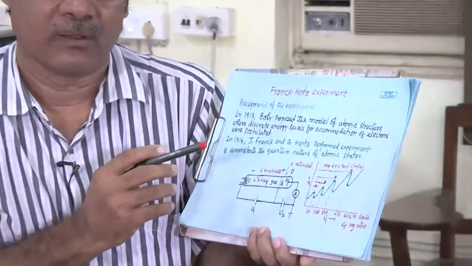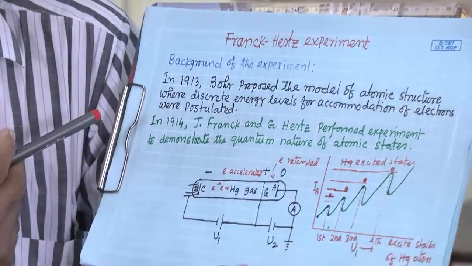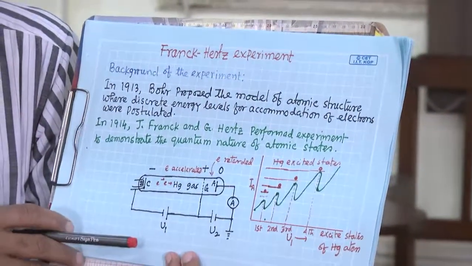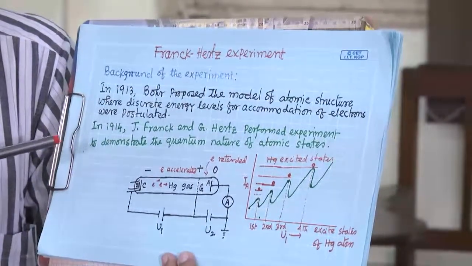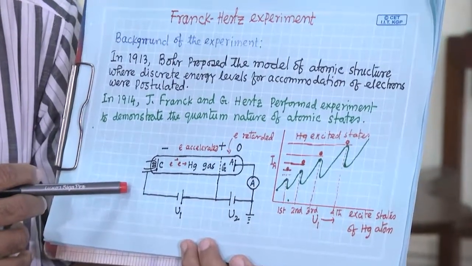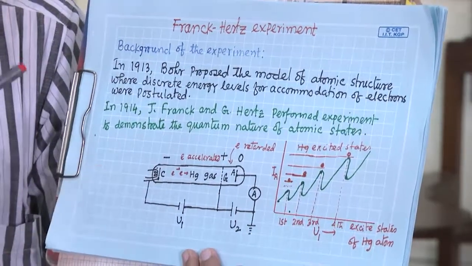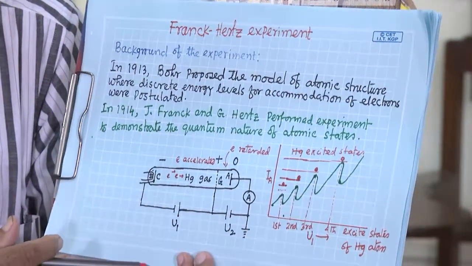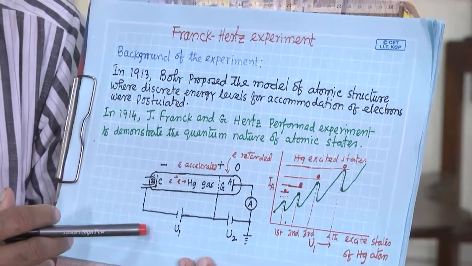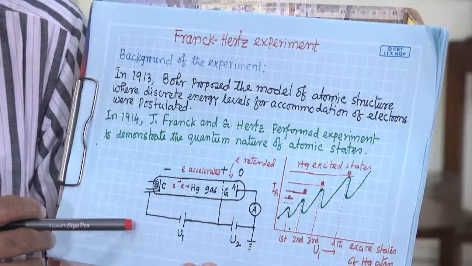So, in an atom there are energy levels, and those energy levels are discrete. That was what Bohr postulated, that the electrons can rotate in certain energy levels, and when they rotate they will not emit any radiation.